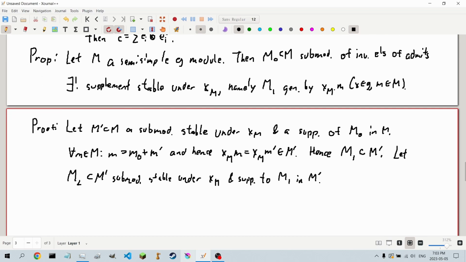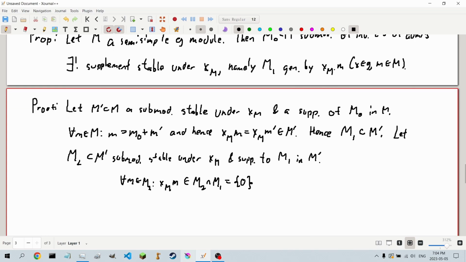Then for all m in M2, x_m acting on m is in M2 intersection M1, which, since they're supplementary, is just 0. This holds for all x in g.